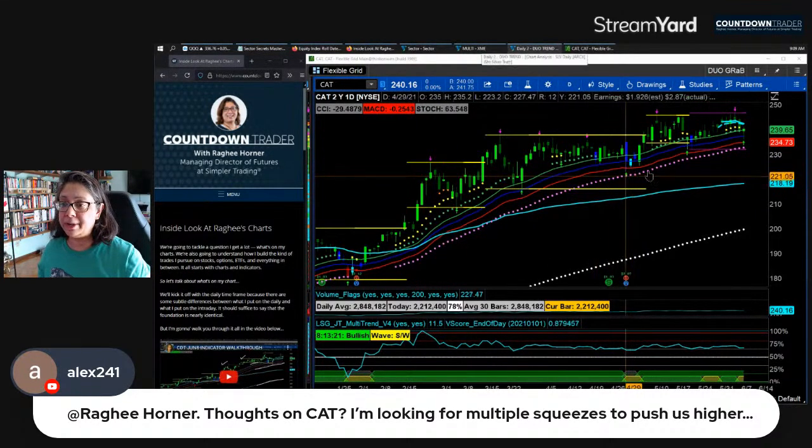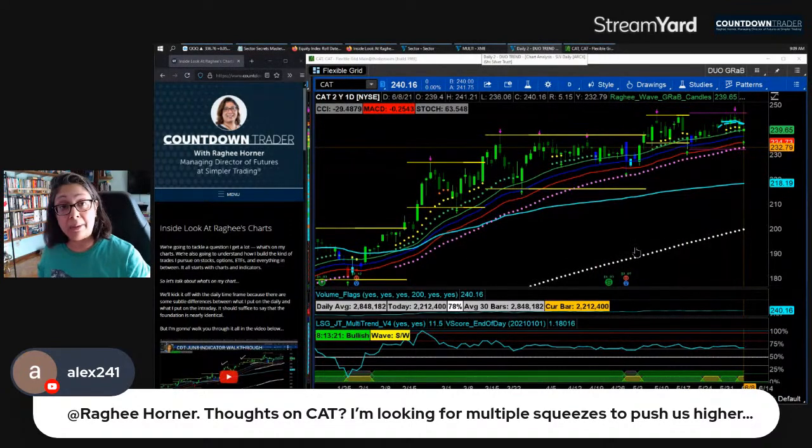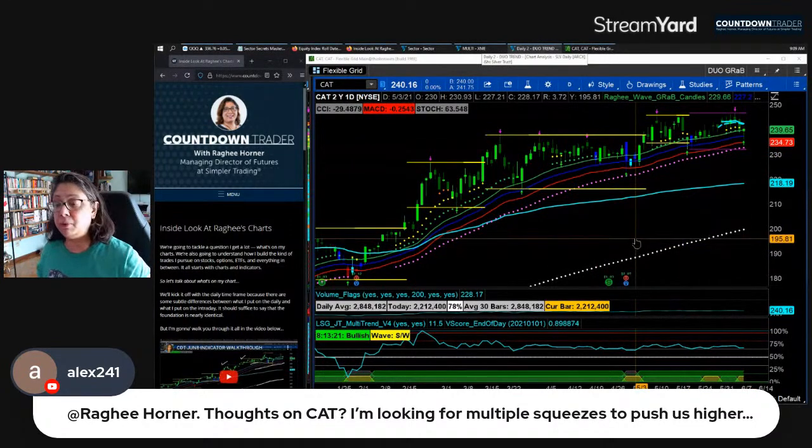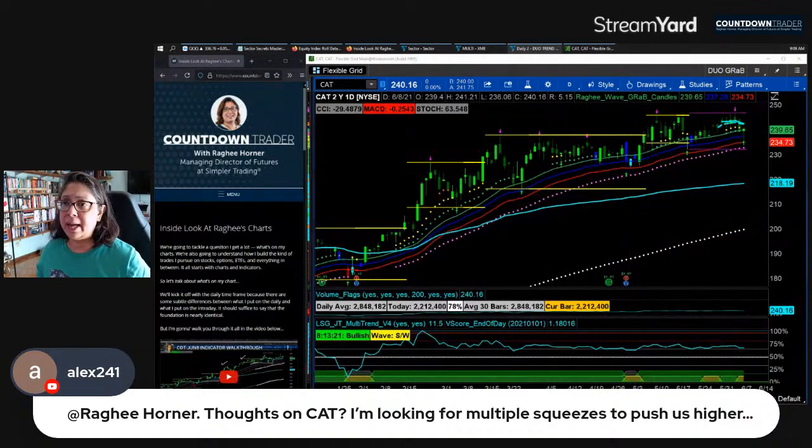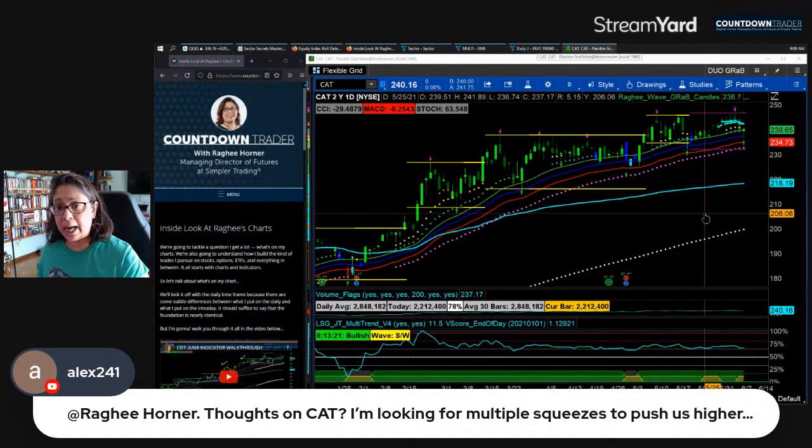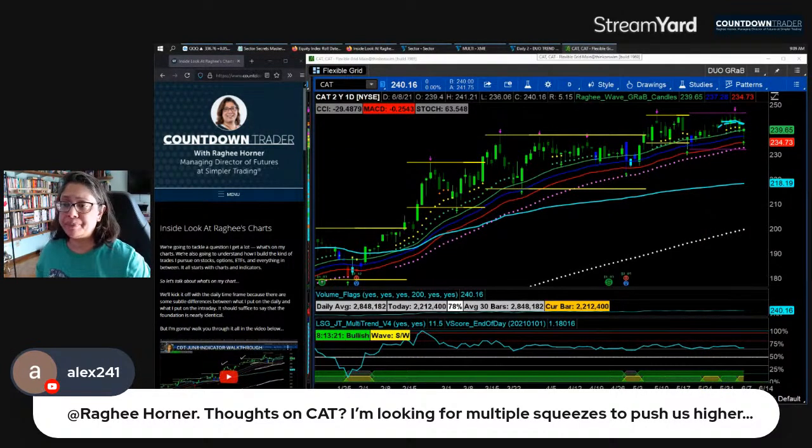And then the pullbacks are identified here. And we're getting that same trigger signal, if you will, right now. So the answer is a resounding yes. I just won't look at it on the daily time frame as a squeeze, because I'm quite literally not getting the compression, the squeeze that I want to see as a precursor to that amazing signal.